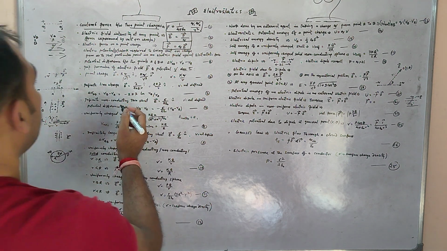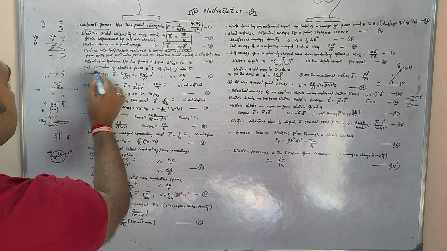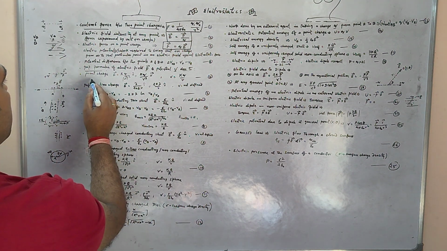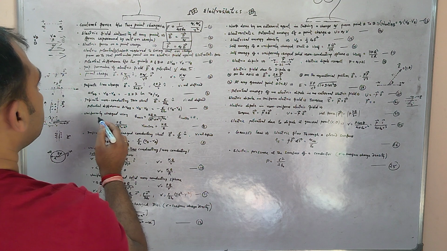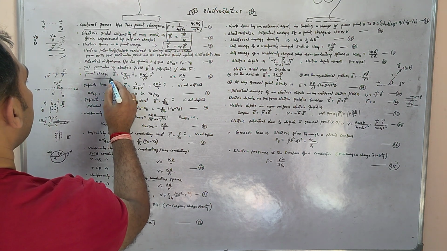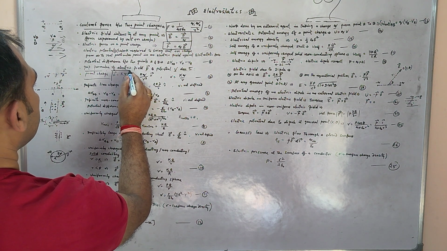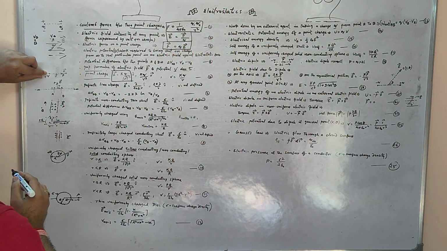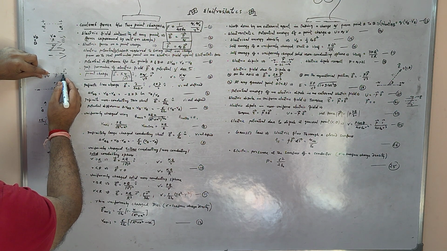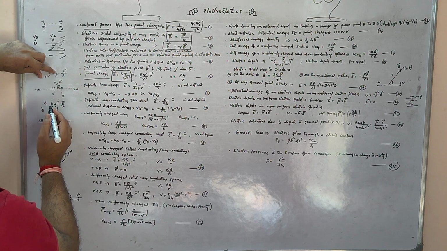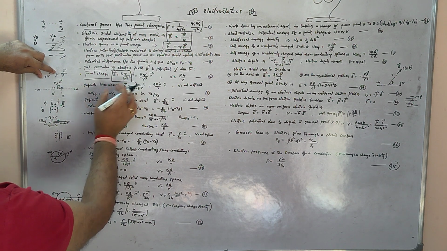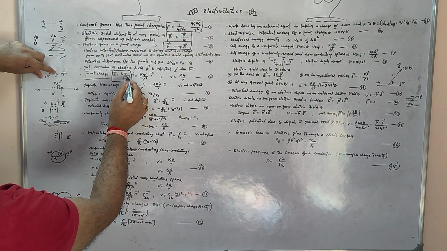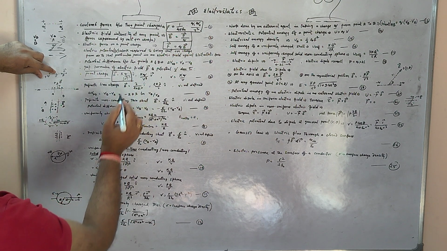Then some of the important formulas of electric field and potential. First, due to a point charge. If this is a point charge plus Q, then the electric field at point P, that is at distance r, will be given by kq by magnitude of r square r cap.